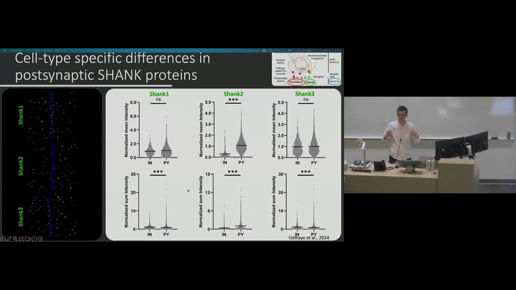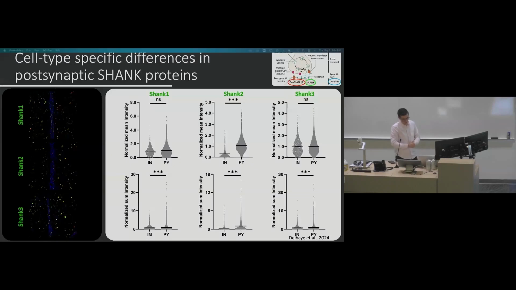For the sum intensity, the total intensity, it's significantly higher in synapses made on interneurons than pyramidal neurons, but this could potentially be explained by the fact that synapses on interneurons are bigger than synapses on pyramidal neurons, with the data that I showed earlier.